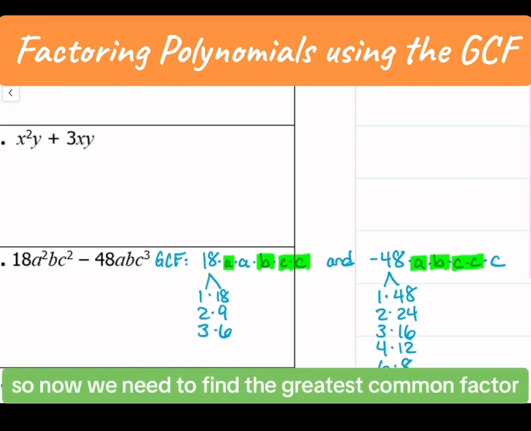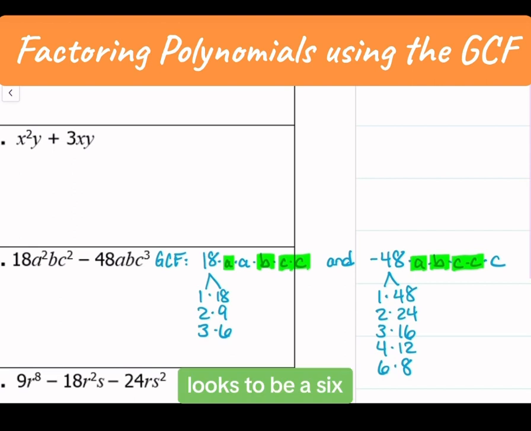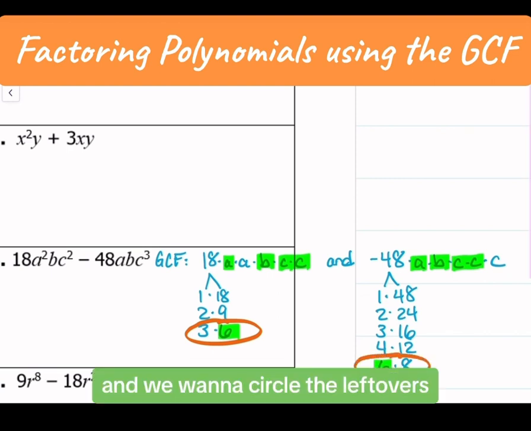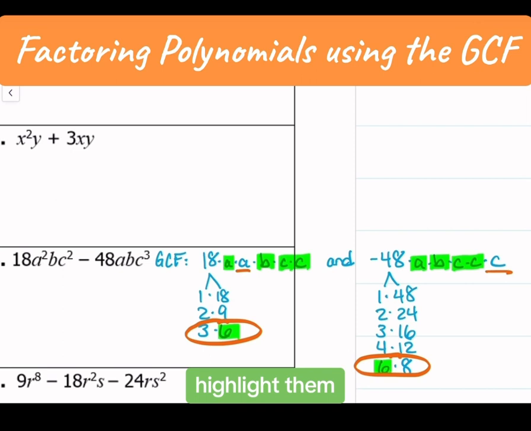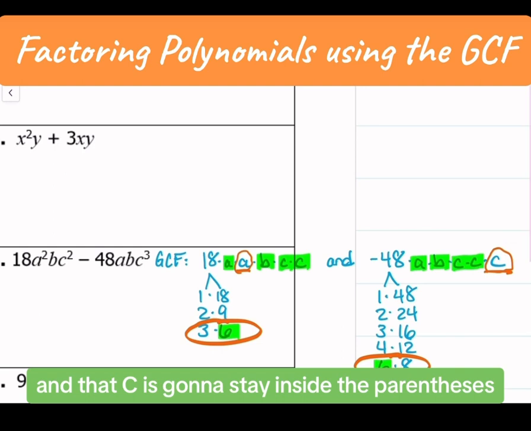So now we need to find the greatest common factor. What's the largest number that they both share in common? Looks to be a 6, and I'll circle that. And we want to circle the leftovers, or highlight them, underline them, so that A is going to stay inside the parentheses and that C is going to stay inside the parentheses.